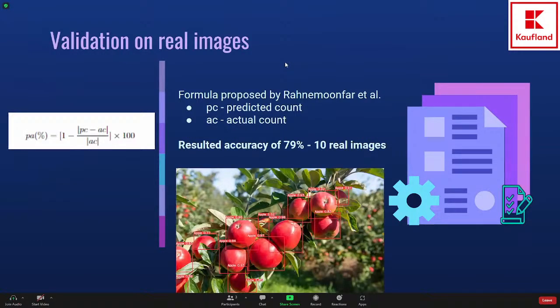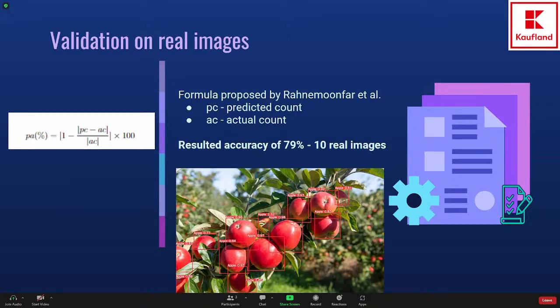After that, we established that it's really important to do some validation on real images, which is somewhat problematic in our case. But we used a formula presented in the Rachman-Fur paper that we talked about earlier. As we see, we had to get the actual count from real images of a real orchard, and we compute the formula with the predicted count and the actual count from those images.